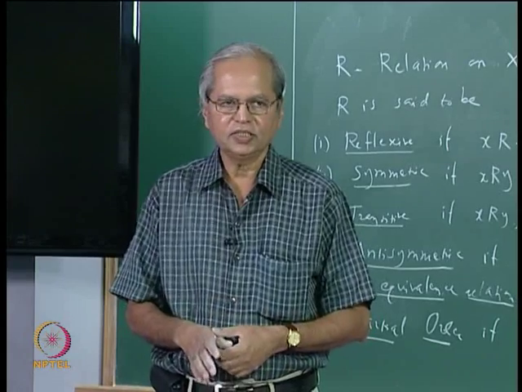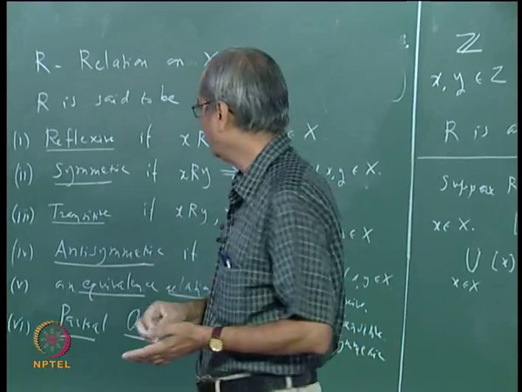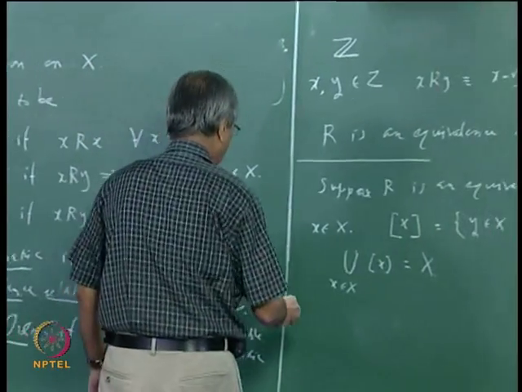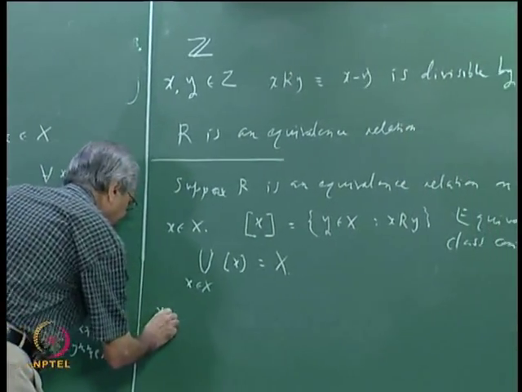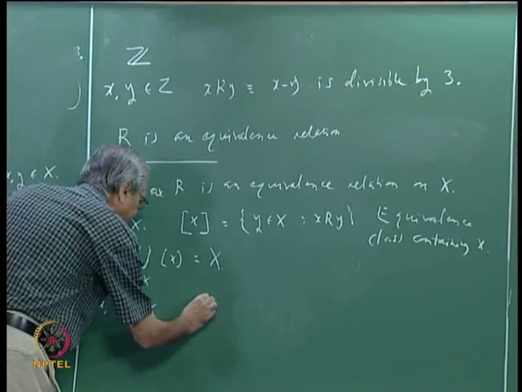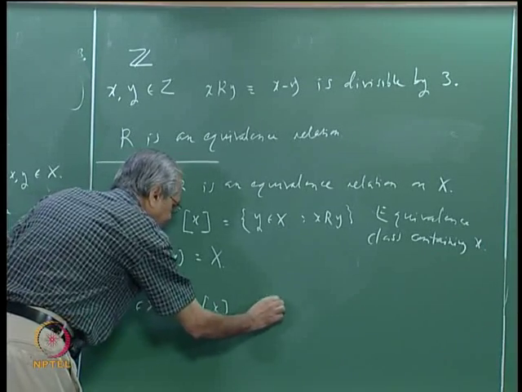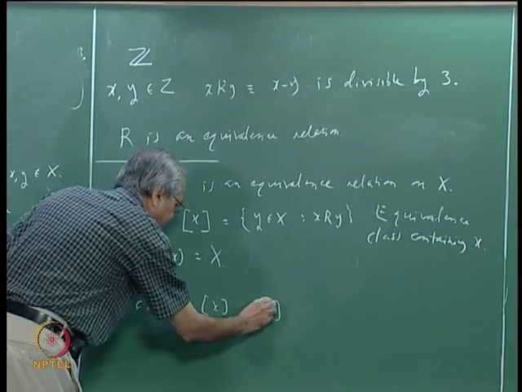What is important is that if you take two equivalence classes, suppose you take two elements x and z, and I consider the equivalence class containing x and the equivalence class containing z.